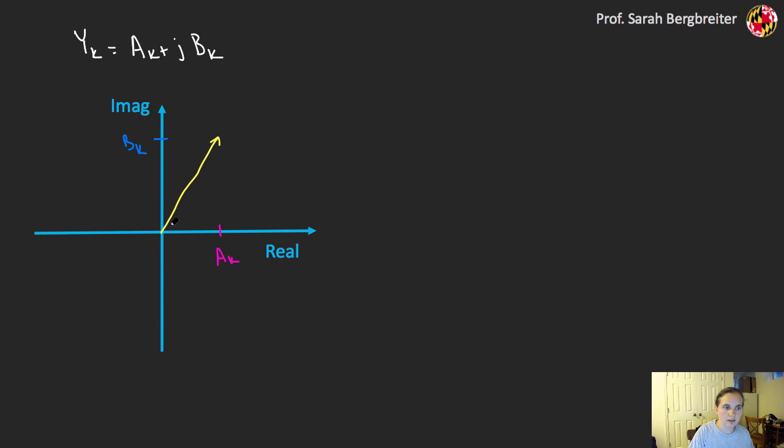So one thing that you can see from this is that this complex coefficient has a magnitude and it has an angle or phase. And I can calculate that magnitude and phase. So if I'm looking at the magnitude of y of k, I'm looking at the square root of the square of the real part plus the square of the imaginary part.